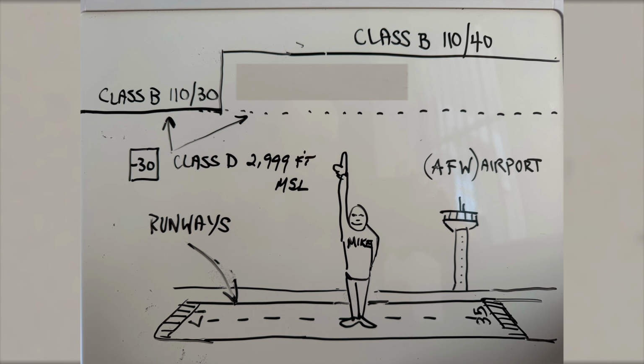Now, here's something else that's not often explained properly. Notice that at 2,999 feet MSL, that's the legal limit for Class D airspace, but the question is, all the way up to 3,000 feet MSL, the floor of Class B, what exactly is the airspace that is in between Class D and Class B airspace?